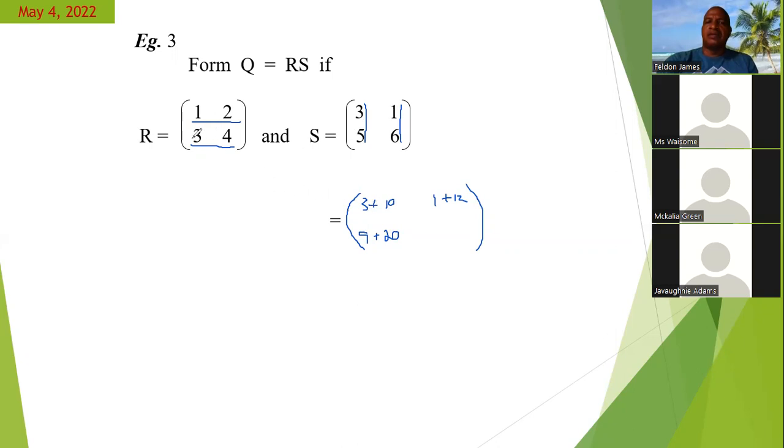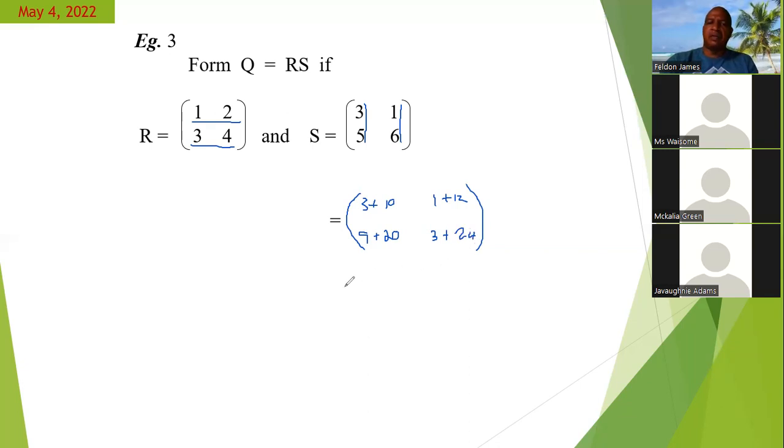And so we go to the second row, second column. So we have 3 times 1 give you 3, plus 4 times 6 give you 24.